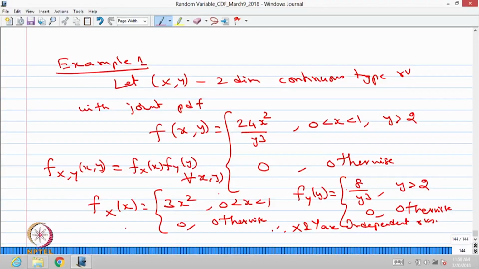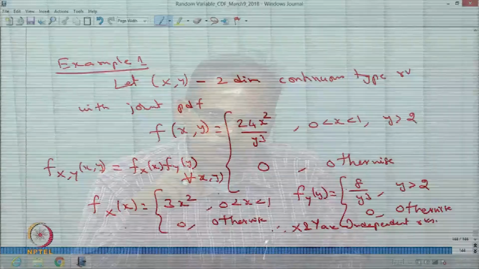We can check it from the CDF also, that is the if and only if condition for the CDF, but since the joint probability density function is given, you can find the probability density function of x and y, then you can verify the independence condition on probability density function, that is satisfied. Therefore, both the random variables are independent.